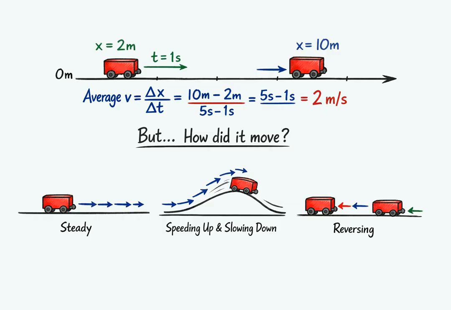But that single number describes the entire 4-second chunk at once. It doesn't tell you whether the cart moved steadily, sped up, slowed down, or even reversed direction in the middle. Physics routinely needs motion right now, because forces, collisions, and control systems act moment by moment, not over long averages.